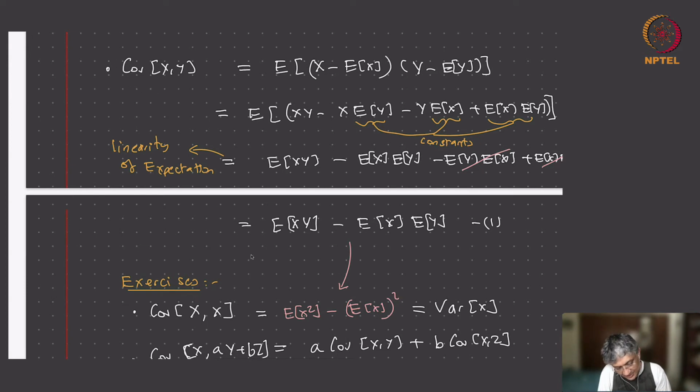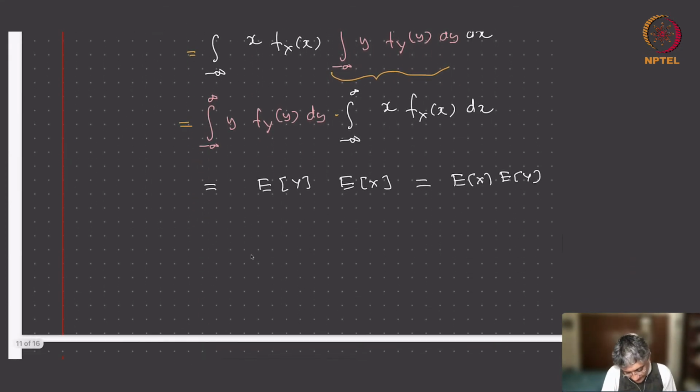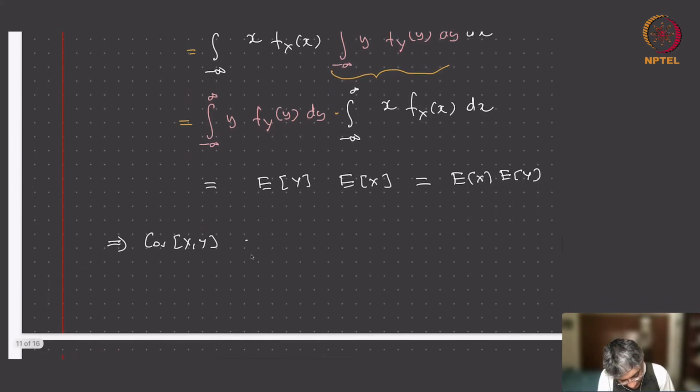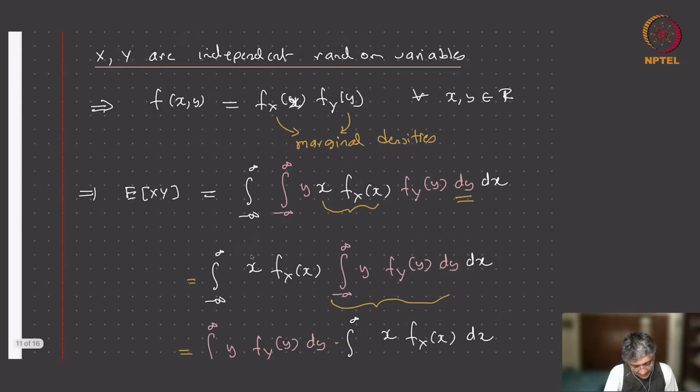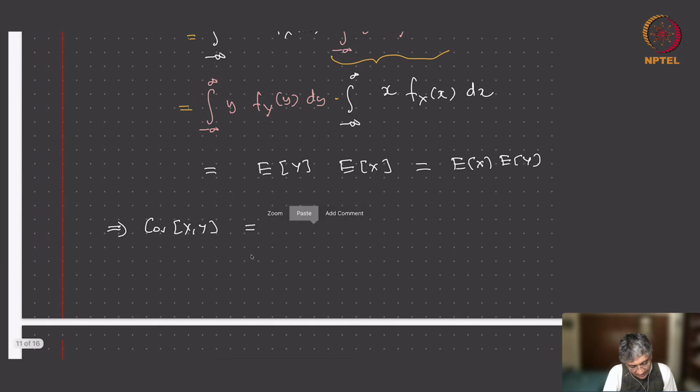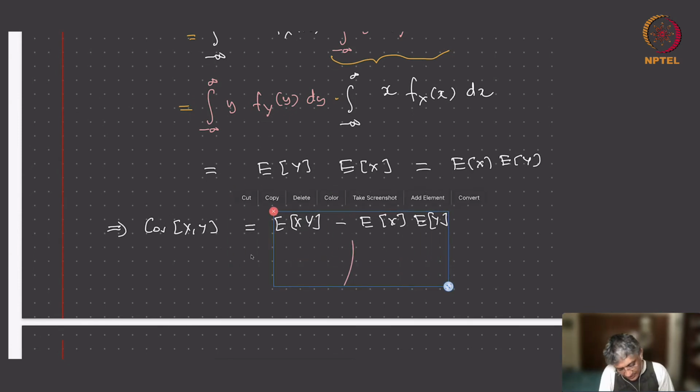Covariance of XY implies covariance of XY is equal to this expression right here from 1. So this implies equal to this, and let me call this equation 2.